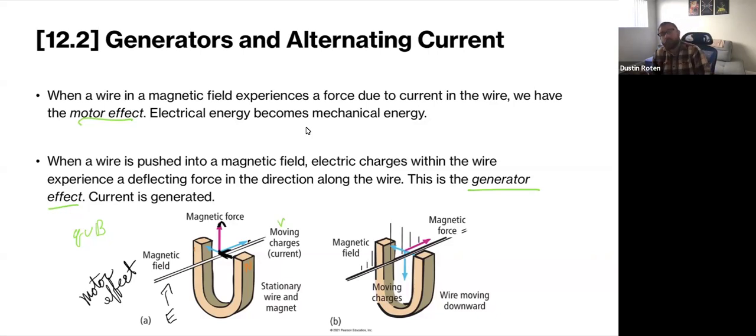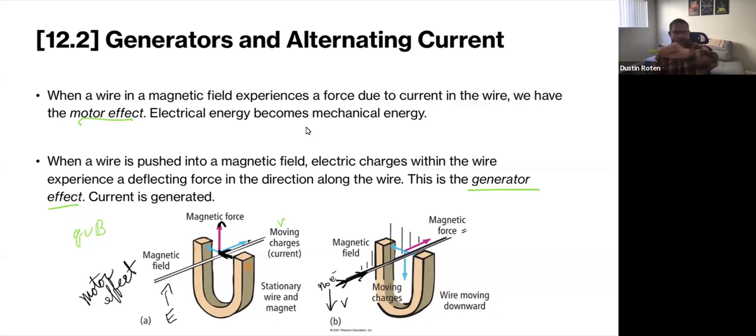we don't have moving charges this way. So we have no flow of electrons. There's electrons in there, but they're not flowing down the wire. Now, when we actually push this wire into the magnet, those electrons are moving. They're just moving down through the magnetic field.